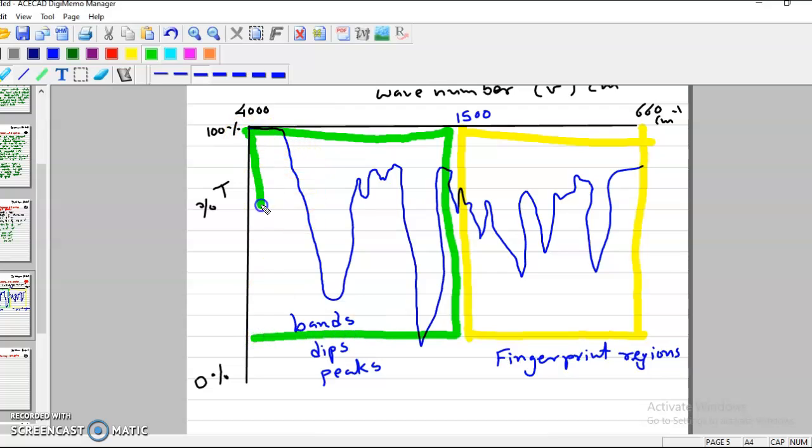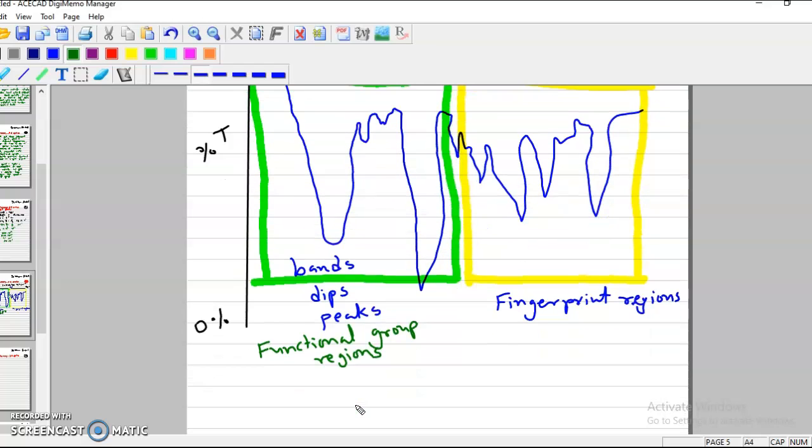this one, which is a very important part, we call the functional group region, in which a very specific number of bands or dips appear.